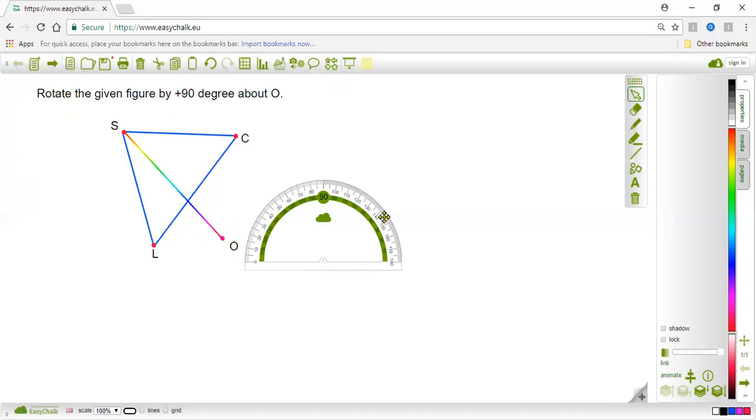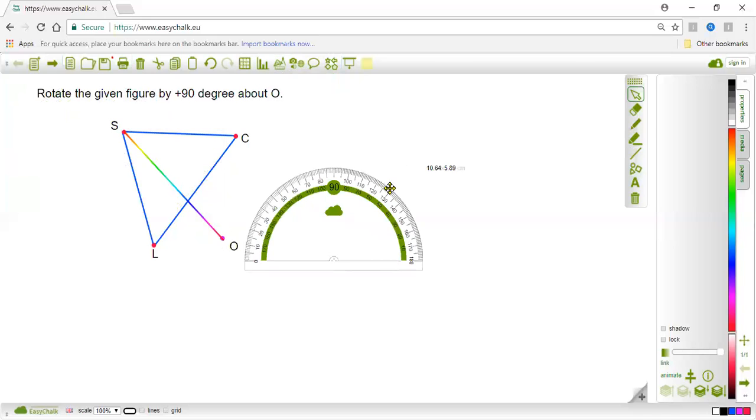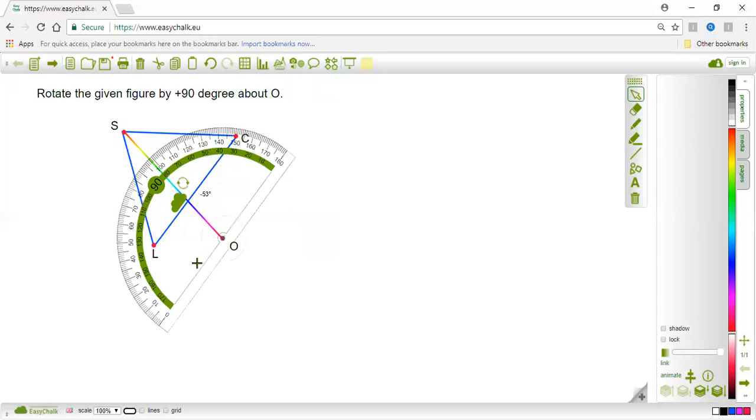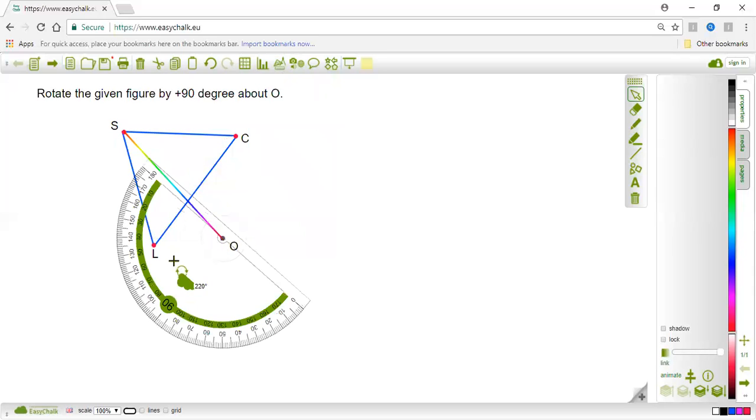Let me zoom in and enlarge the protractor a little. Since the positive sign is used, we make the angle in anti-clockwise direction with this line SO at this point O. So we have to put our protractor like this.